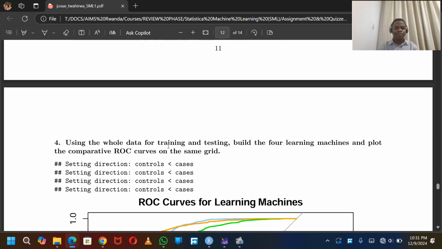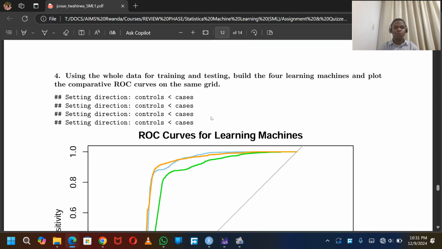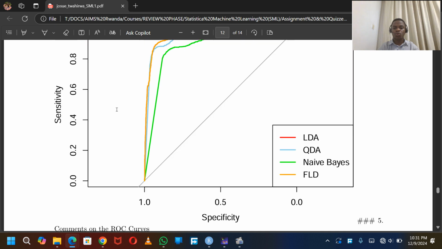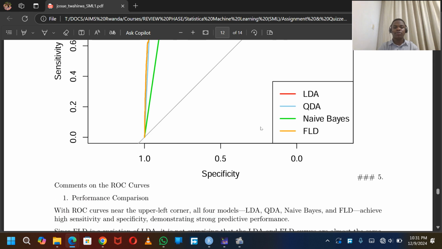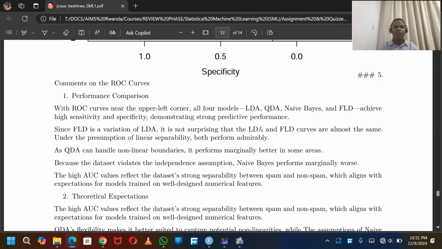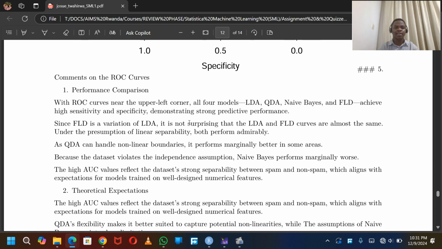So as you see here, I tried to use this comparative model method to compare the learning machines: linear discriminant analysis, quadratic discriminant analysis, and all those four models, to see how they perform, how they fit the data.